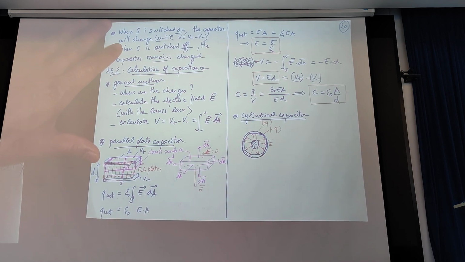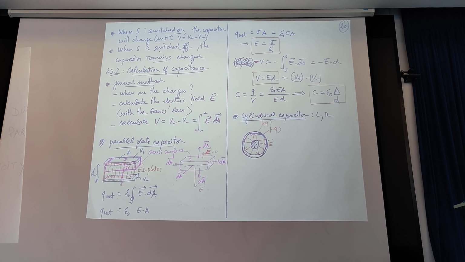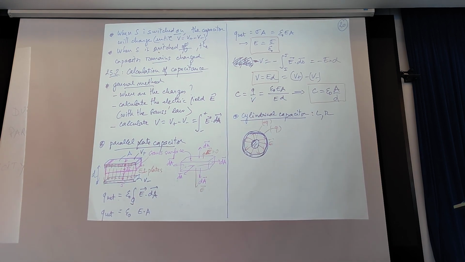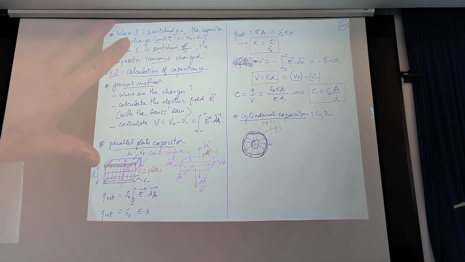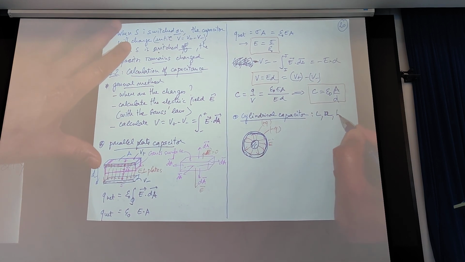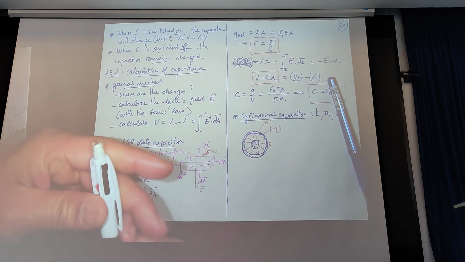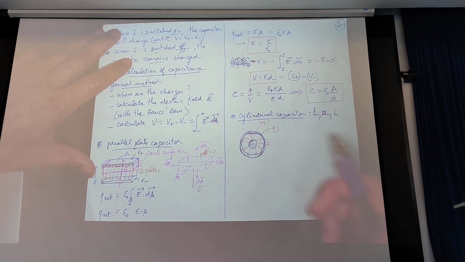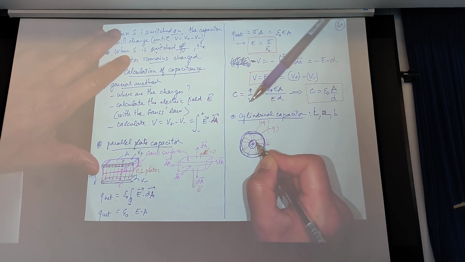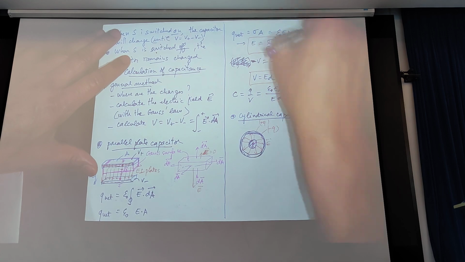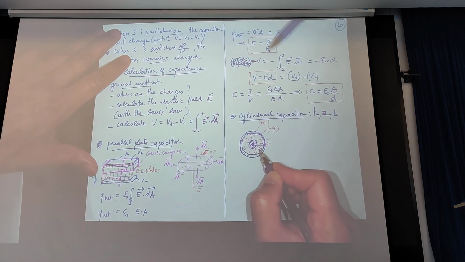Okay, E. Of course the radius R. In that case, the geometry of the cylinder is, of course, its length L, which is perpendicular to the plane here, and A is the radius of the inside cylinder, and B is here.